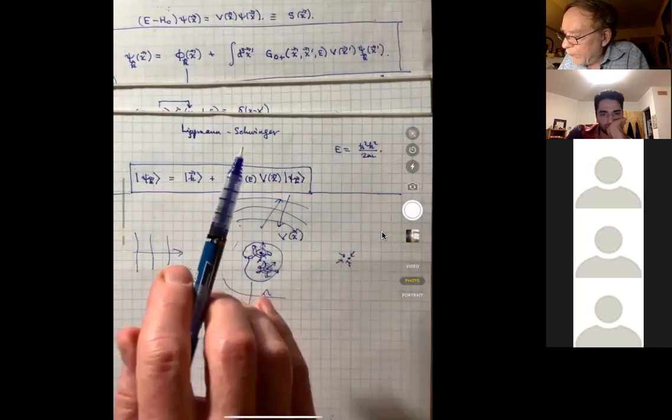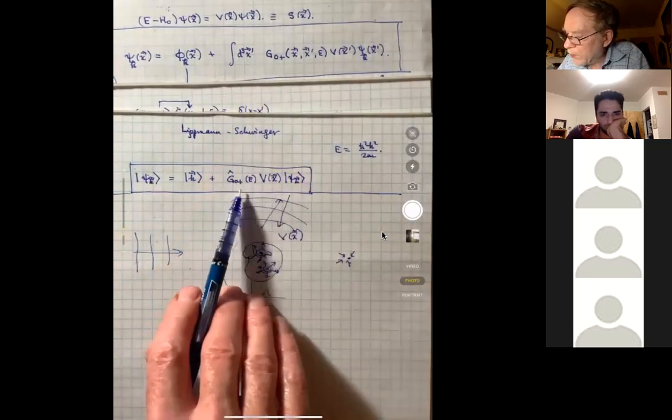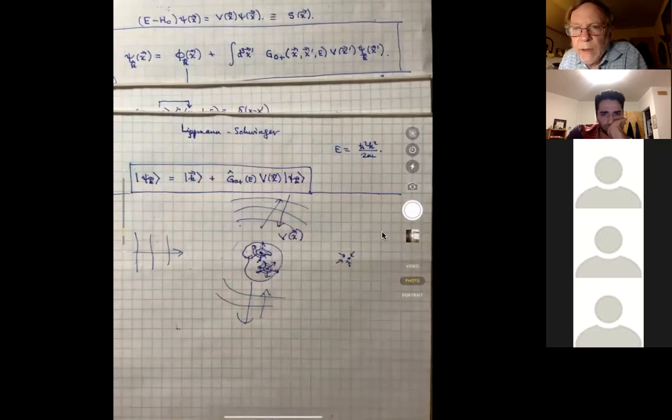So that's what we get if we use the G0 minus in here instead of G0 plus. In other words, we get a solution which is totally non-physical. We get the incoming solution. It is, however, a solution. And the question is, is it good for anything? The answer is yes. It turns out these incoming solutions are actually important in various theoretical developments, even though they're impossible to establish experimentally.